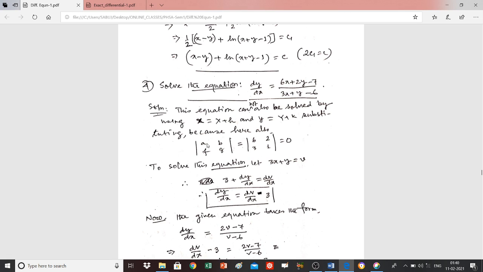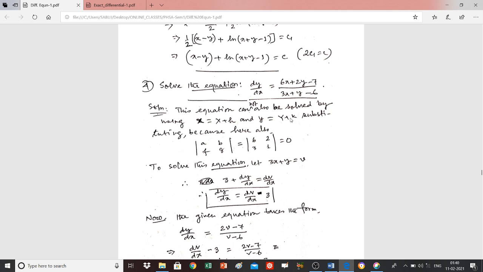Just write these values in this determinant, 6, 2, 3, 1, that is equal to 0. So this equation also cannot be reduced to a homogeneous equation by the substitution of small x equal to this and small y equal to this.